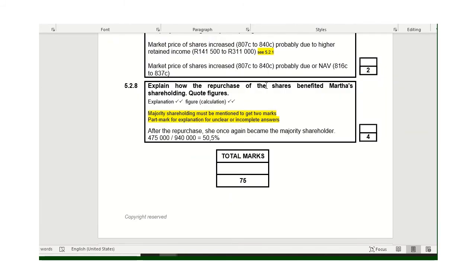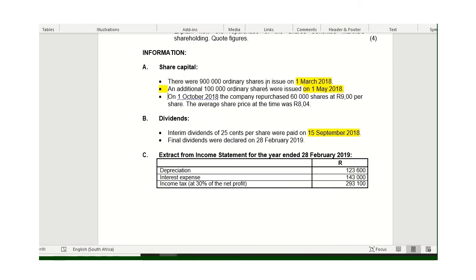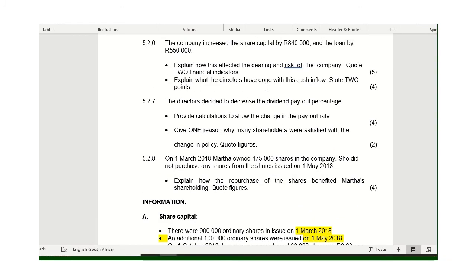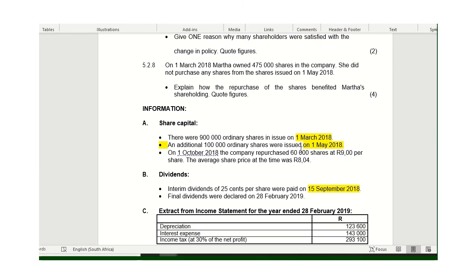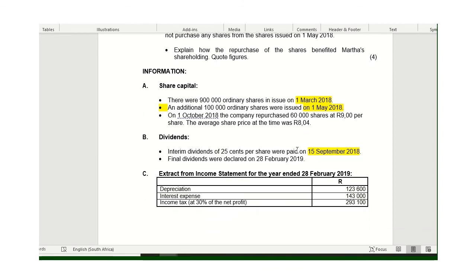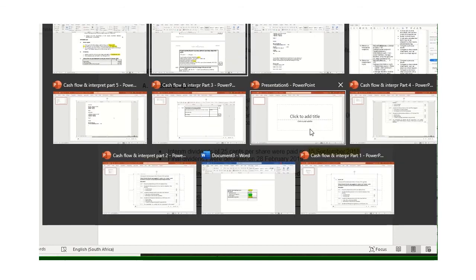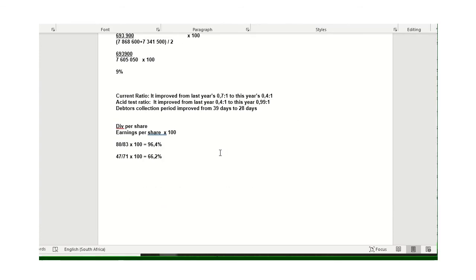And of that, she owned, according to the note, 475,000. Good. So we must now just calculate what her percentage shareholding is.